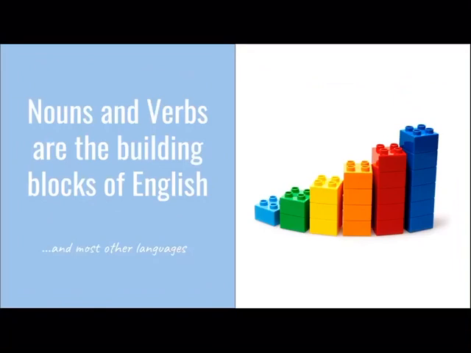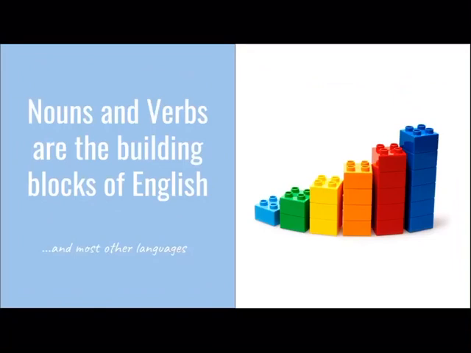Okay, so what I want you to do now is to try out thinking of your own sentences, and we're going to see where those nouns and verbs come up. So I don't want you to necessarily try desperately to think of a noun or a verb. I just want you to think of some simple sentences.